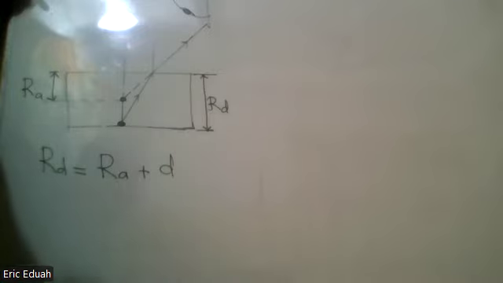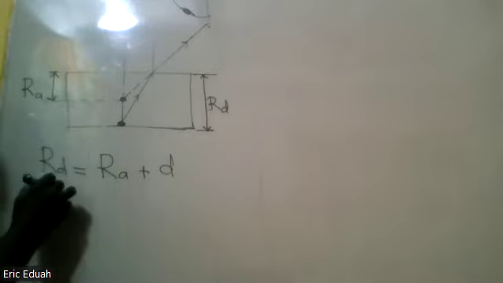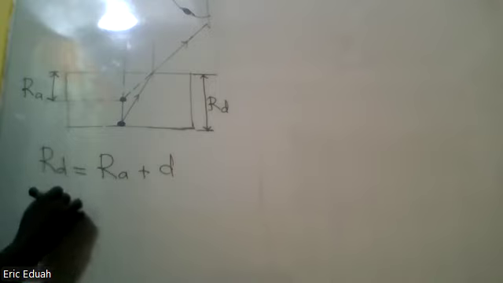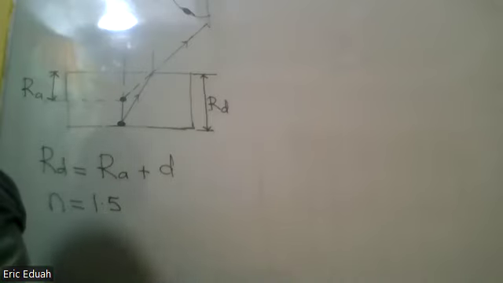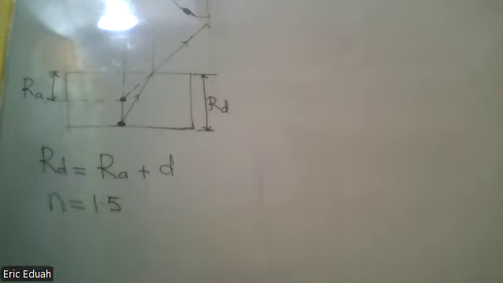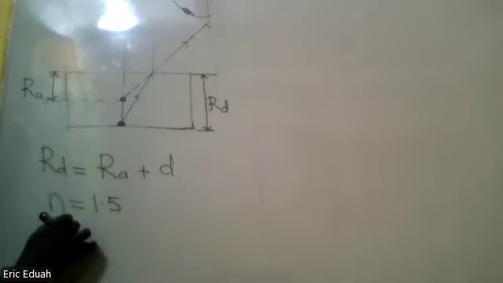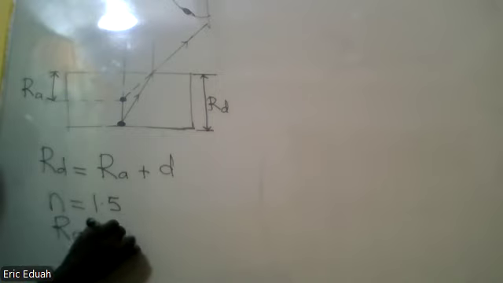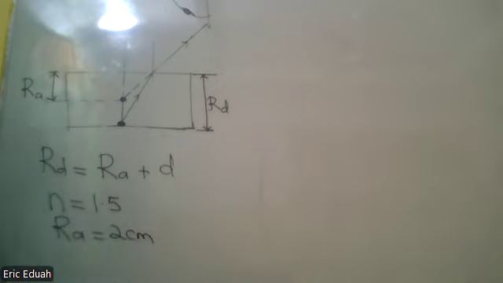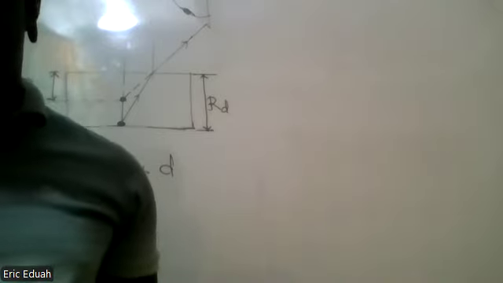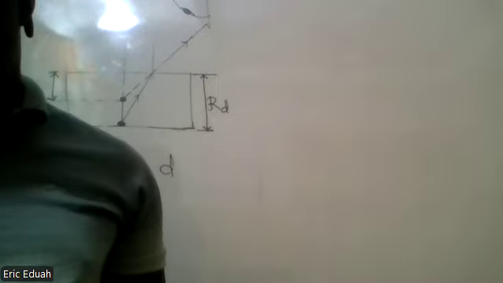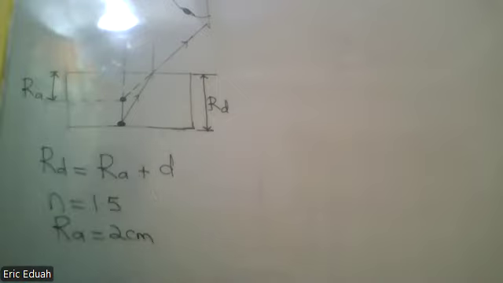Okay, so the question given, we have the refractive index of the glass 1.5, and the object seemed to be positioned at 2 centimeters. So apparent depth is 2 centimeters. We are to find the height of the slab, which is the real depth.